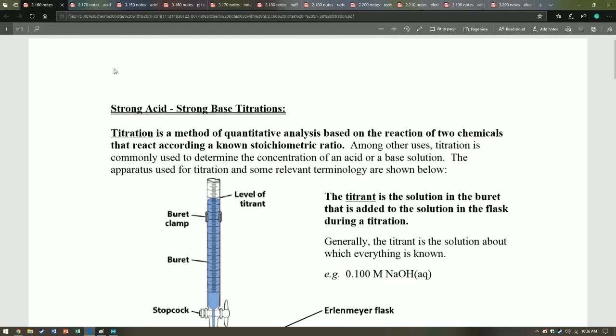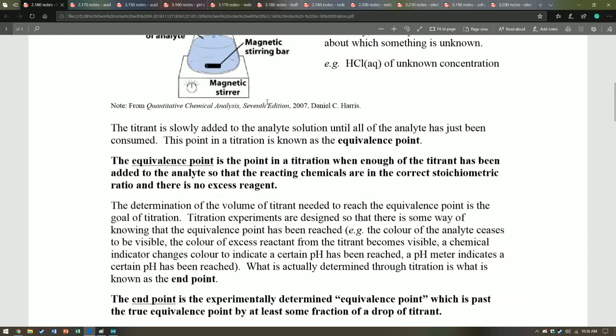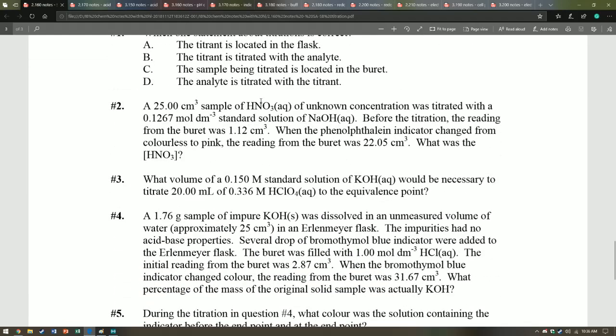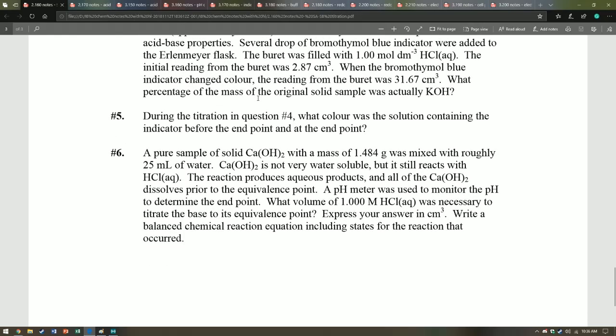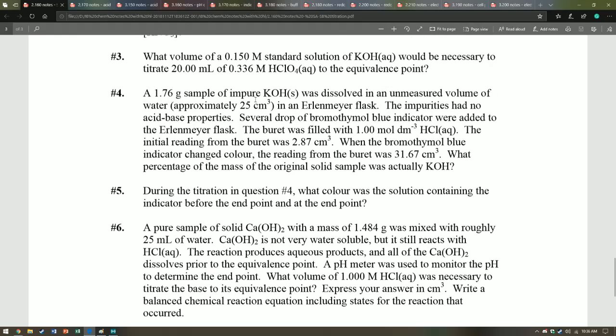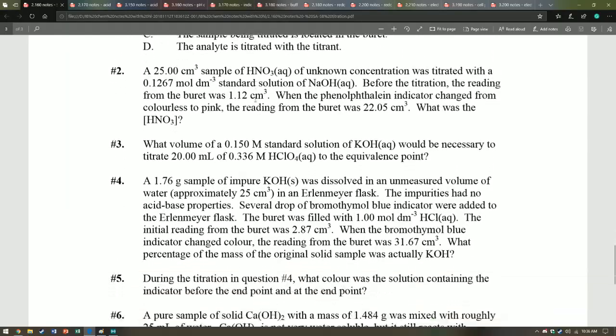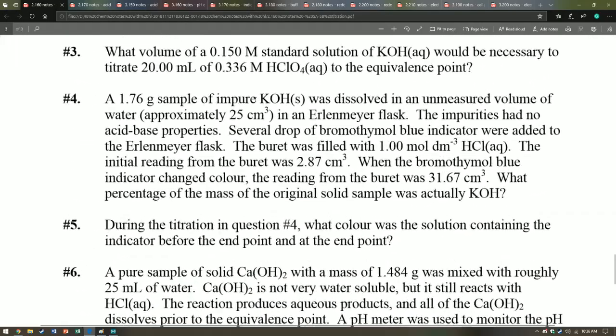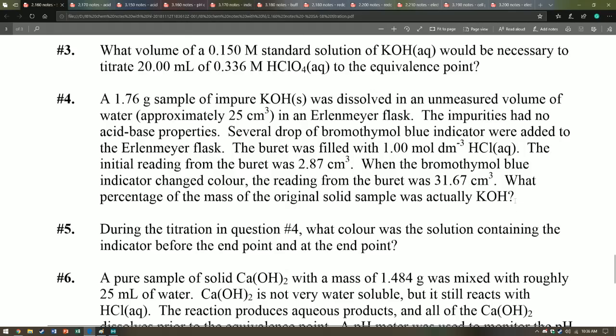But a common lab that you'll be doing is dissolving eggshells in hydrochloric acid and then titrating it with base to determine how much calcium carbonate was in the eggshell. But since I can't find anything here, let's consider question 4.